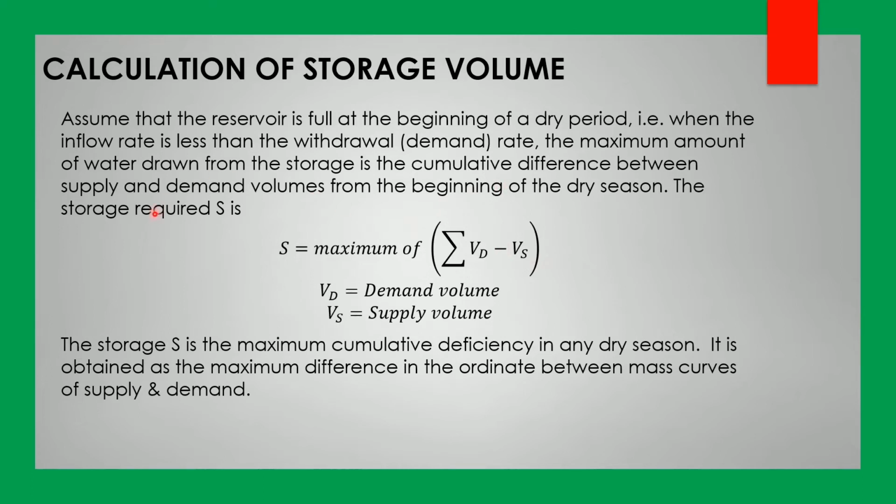The storage required S is given by the formula: S is equal to the maximum of summation V sub D minus V sub S, where V sub D is the demand volume and V sub S is the supply volume. So the storage S is the maximum cumulative deficiency in any dry season. It is obtained as the maximum difference in the ordinate between the mass curves of supply and demand.